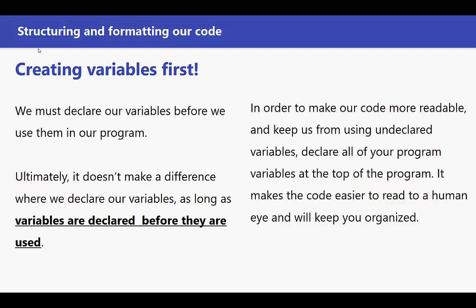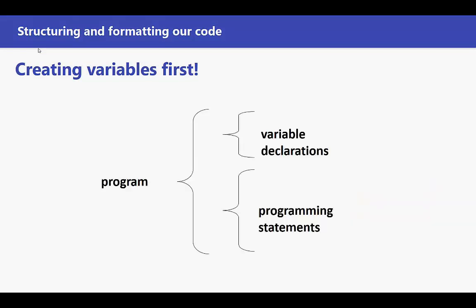It's a convention that will keep a lot of your code organized. This is the way that we organize our programs when possible. We write all of our variable declarations at the top and then we work with them later. Like we talked about the peanut butter and jelly sandwich right at the beginning of today's lecture, we got all our ingredients and then we acted on those ingredients. You can think of it that way if you'd like.